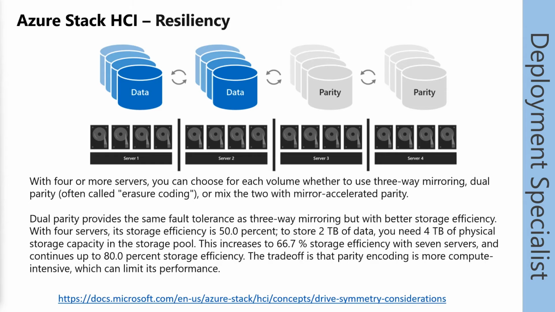Important is to understand, if we have 4 servers, 5 servers, 6 servers, we can survive 2 simultaneous failures. 2 simultaneous independent failures. 2 servers can fail, 2 hard disk drives in 2 different servers can fail, but it's not okay to have 2 servers failed and an additional disk failure in an additional server.